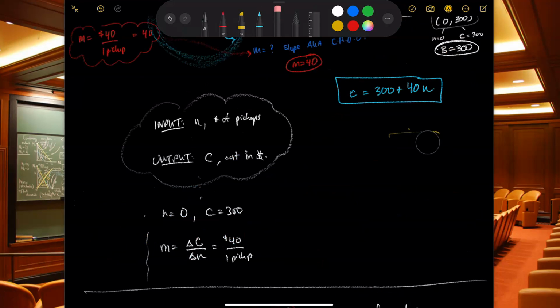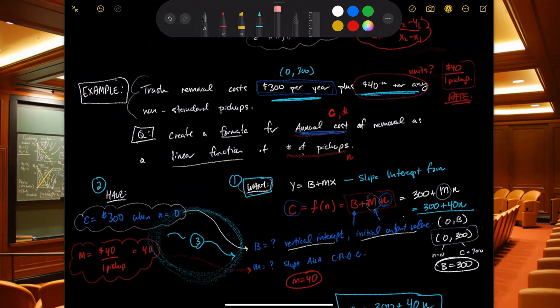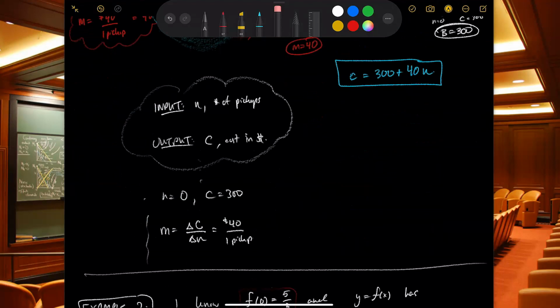And again, here there was an assumption made of input and output. And I didn't say this clearly at the beginning, but this is how the language lent itself by saying formula for cost as a function of pickups. We know that n would be the input and c would be the output. Okay, so then we knew that m would carry these units.